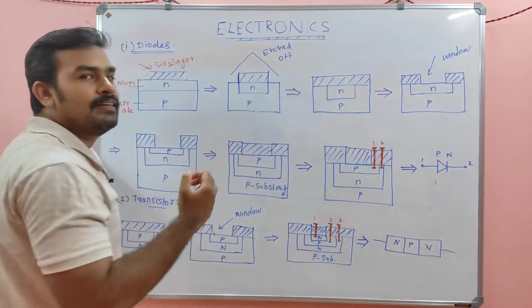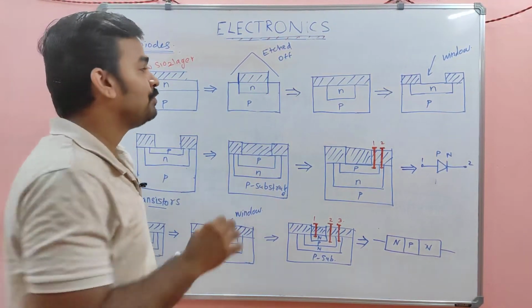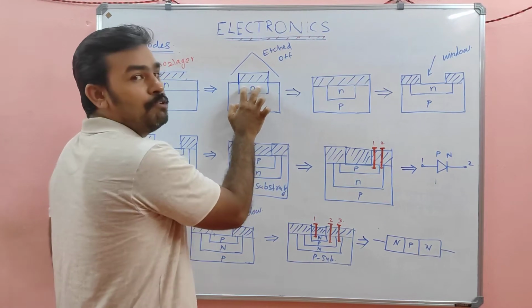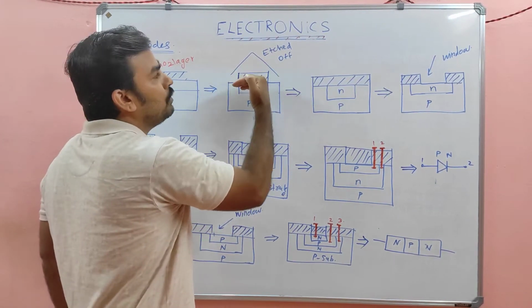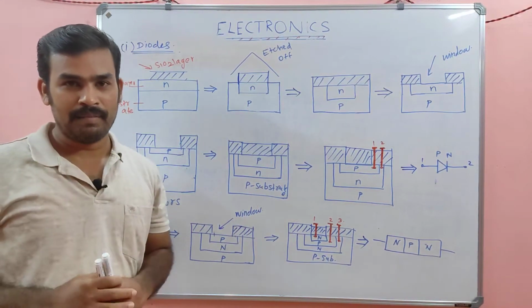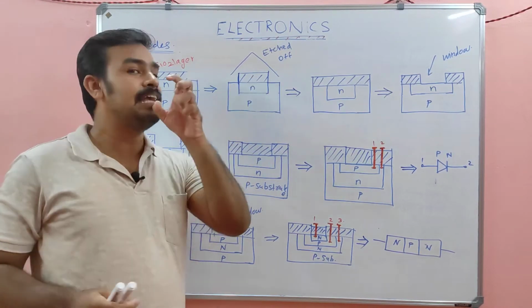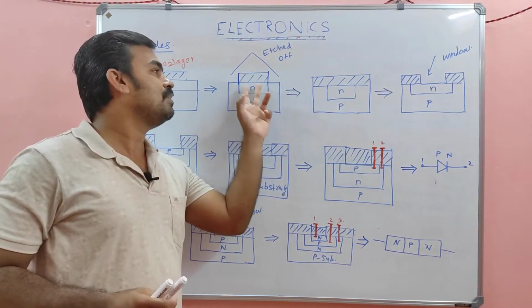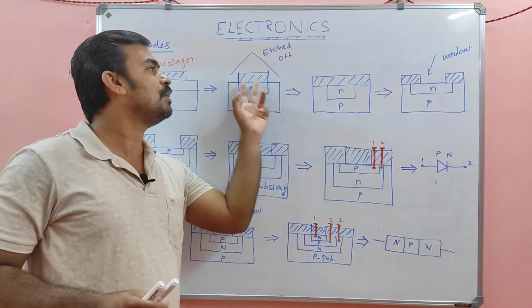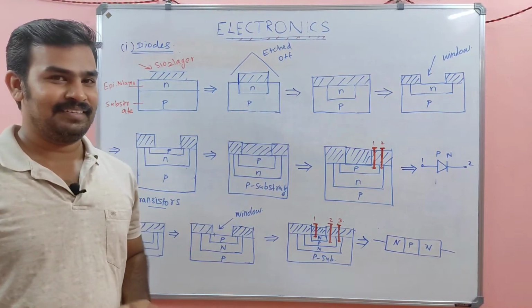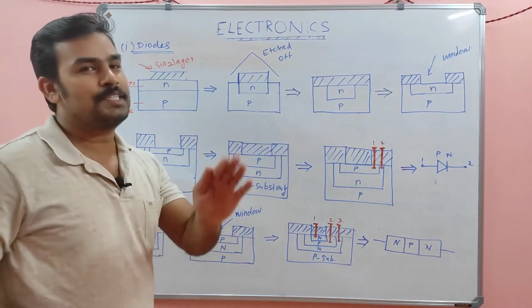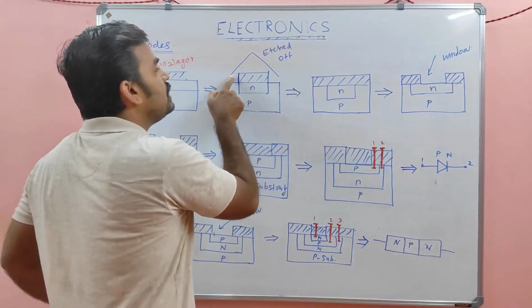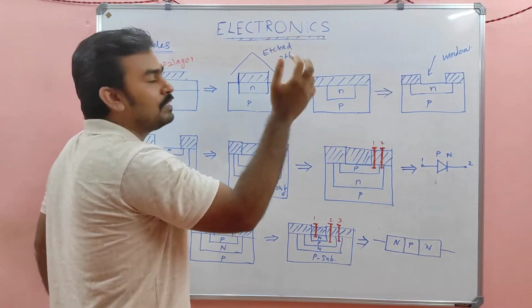And we formed an island of N region below this SiO2 layer now. So we formed an island of N layer just below the SiO2 layer. Is it clear? And next step, this portion is again exposed, right?